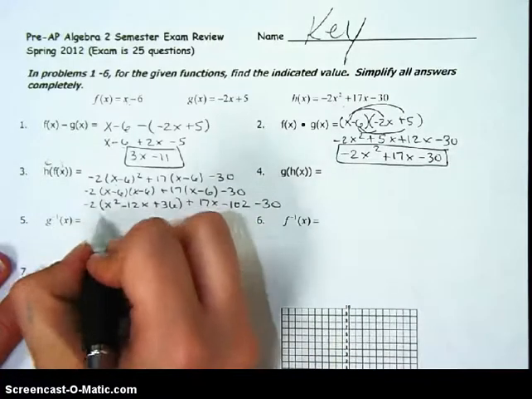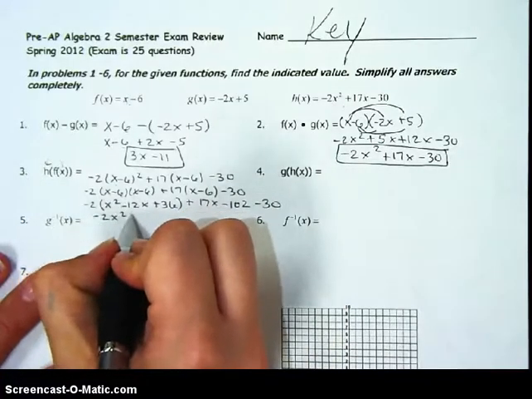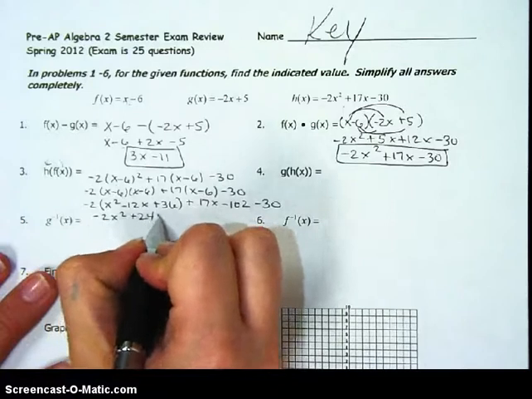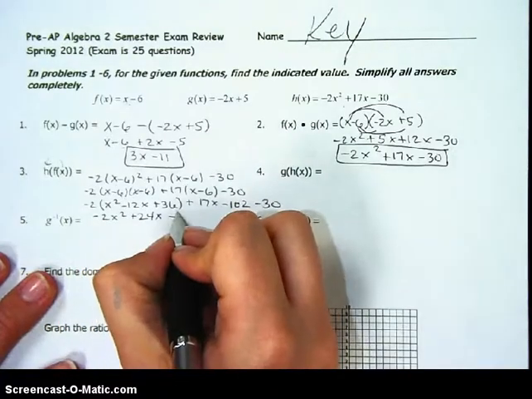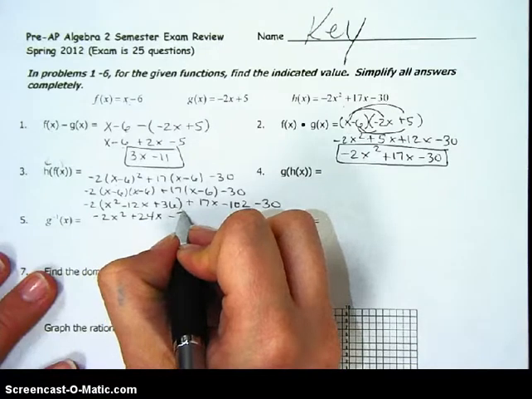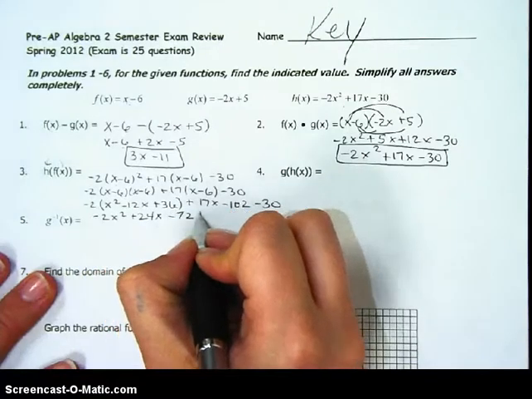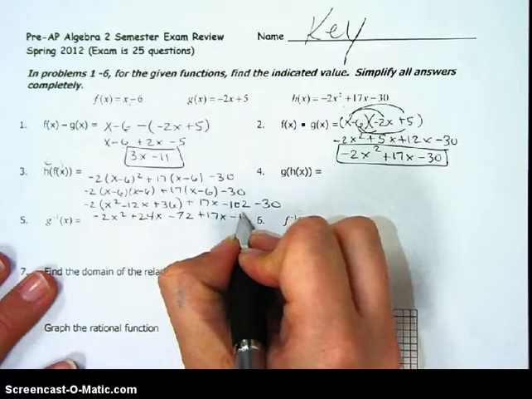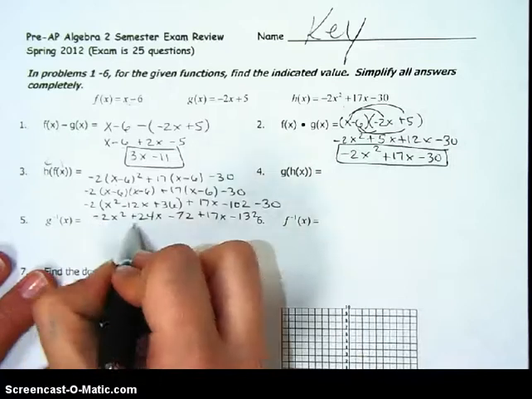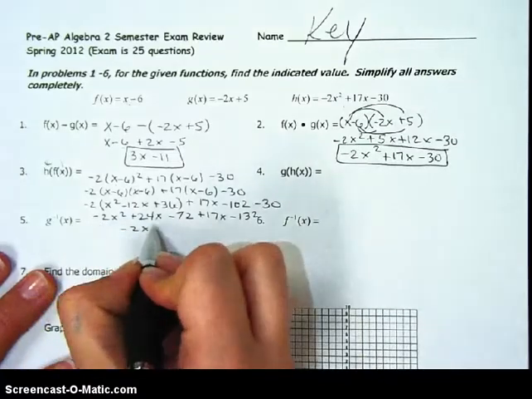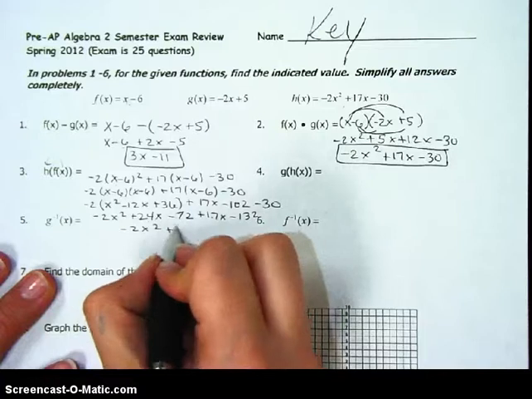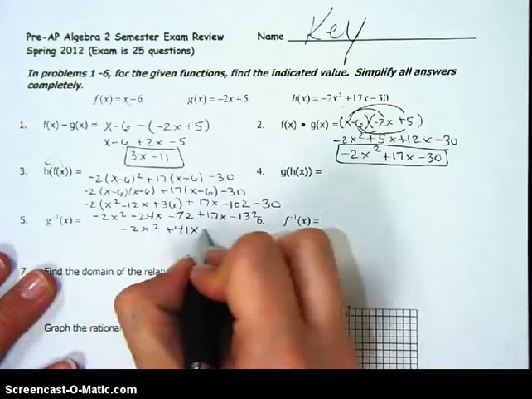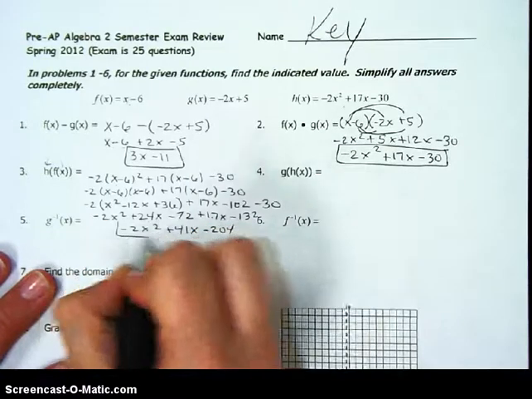Still going to distribute my negative 2 now, so negative 2x squared plus 24x minus 72 plus 17x minus 132. Finally, combining like terms, we get negative 2x squared, 24 and 17 make 41x, minus 204 would be your final answer there.